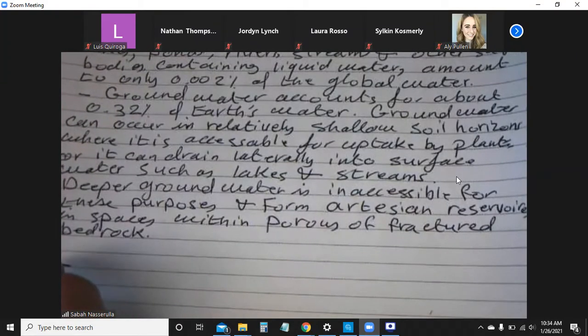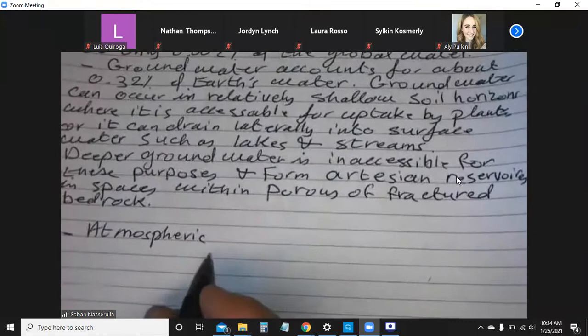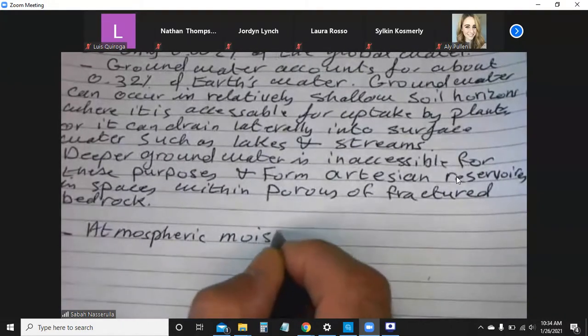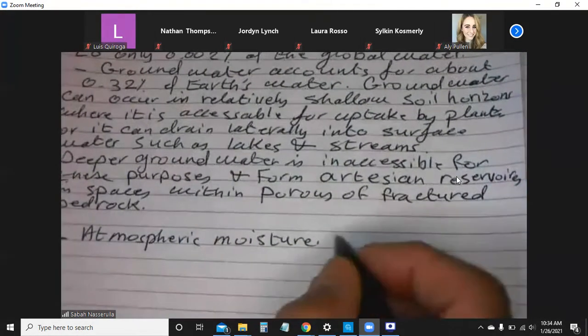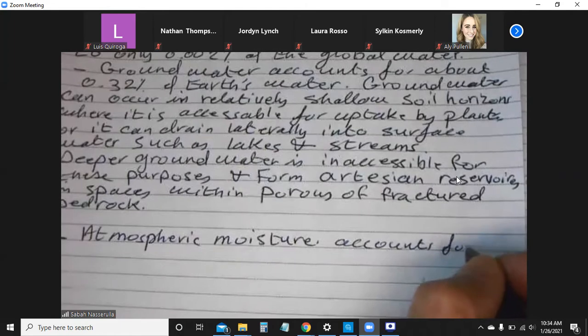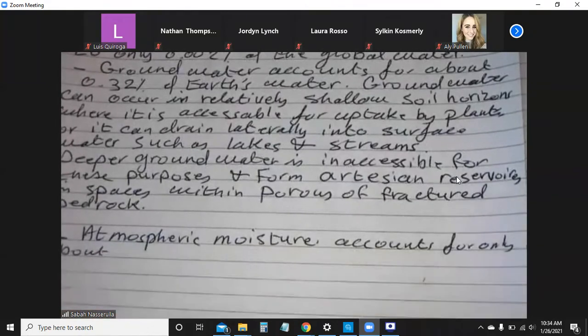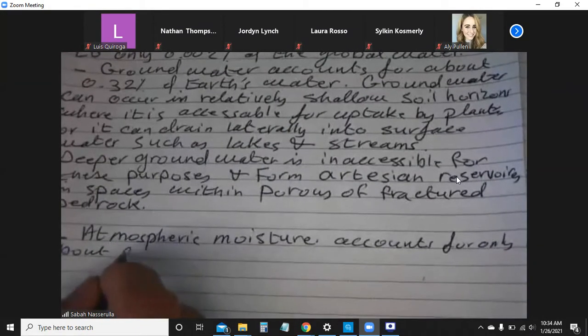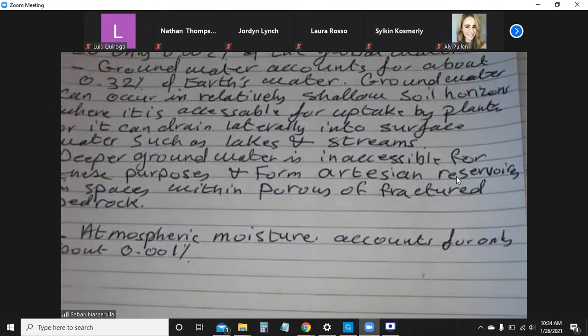Now we're going to talk about atmospheric moisture. This accounts for only about 0.001% of Earth's water.